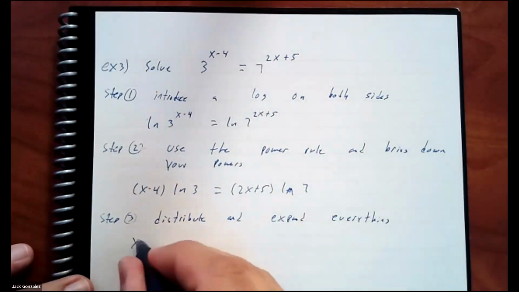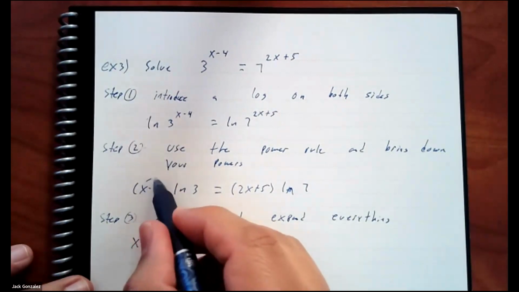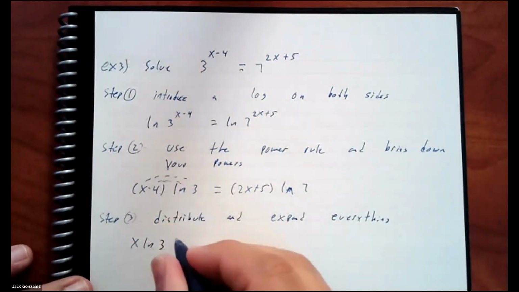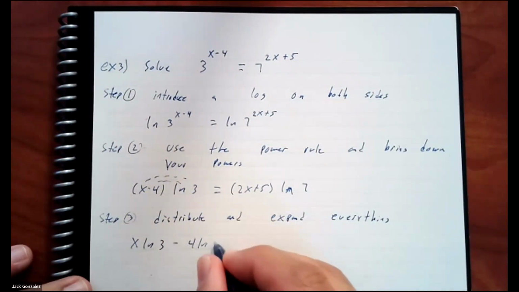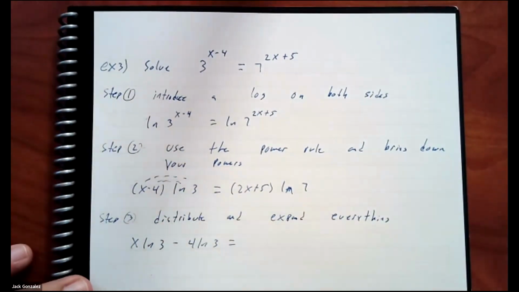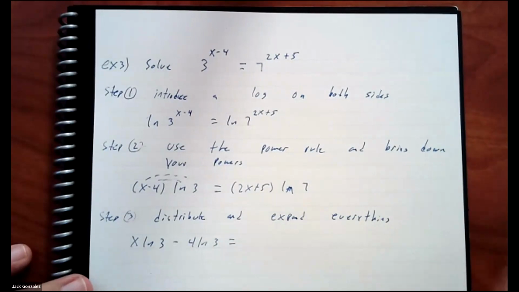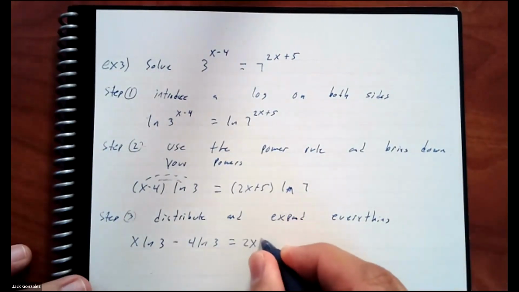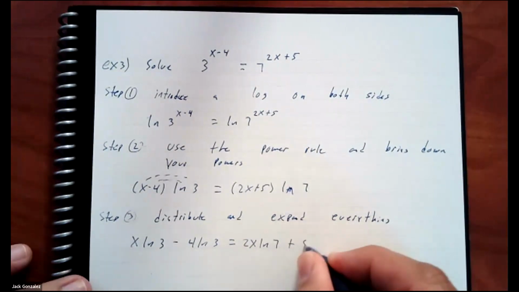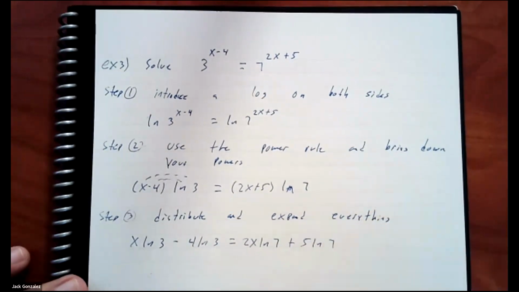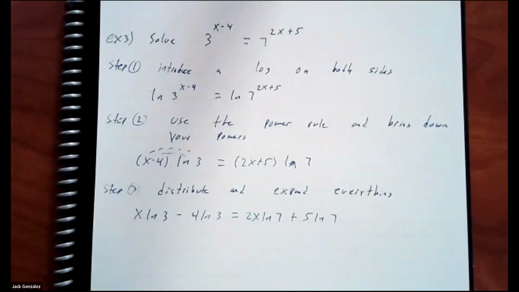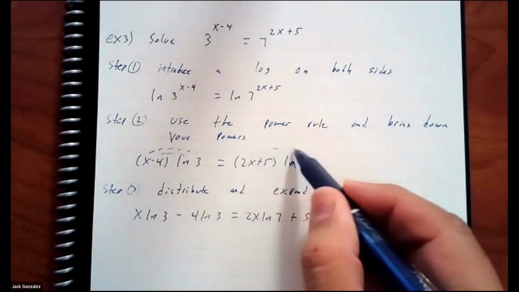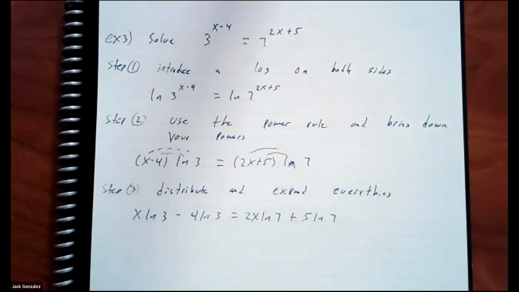So you'll get x ln 3 by doing this guy and this one. Distribute the ln 7, you get 2x ln 7 plus 5 ln 7. Distribute. That makes sense? How we're expanding it?